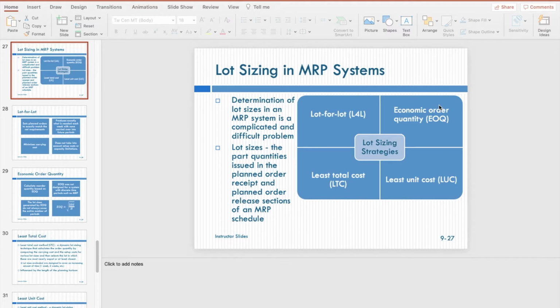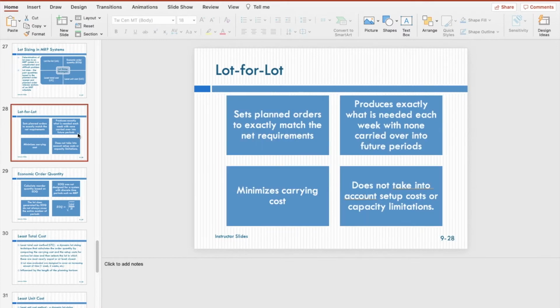But here we further introduce another 3 different types of lot sizing techniques that are very commonly used within different industries and different companies when they deal with MRP system problems. Before we illustrate the specific problem by using these 4 different lot sizing techniques, let's first look at the definitions of these techniques.